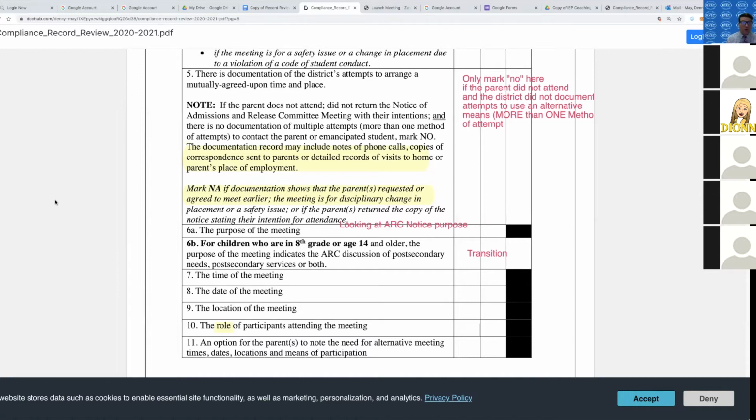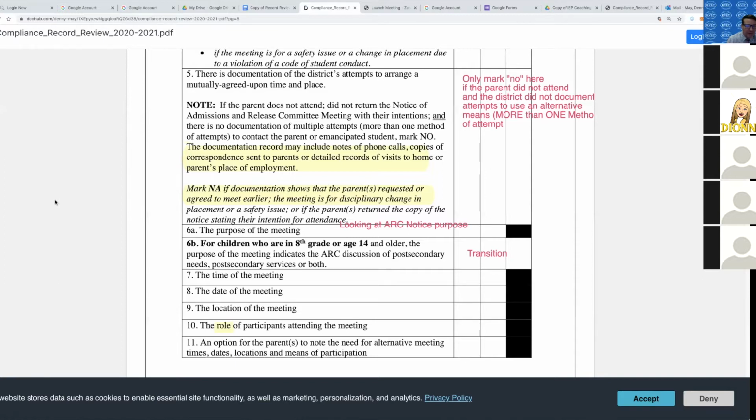So we don't ever invite people. If you're looking at your notice right now, you're just going to have things like general education teacher, special education teacher, and local education agency representative, things like that. You're going to have related service providers, speech, OT, PT, those kinds of things. So we're inviting roles, not people. And we're looking to see that those roles, once you've invited them, have been fulfilled.